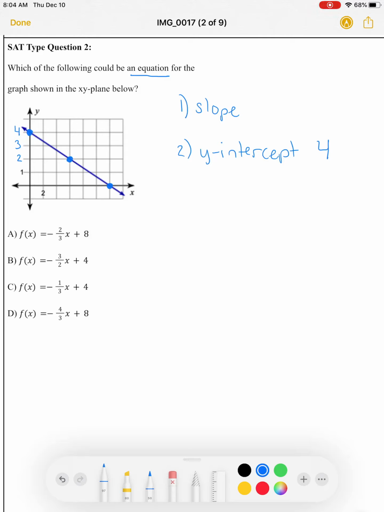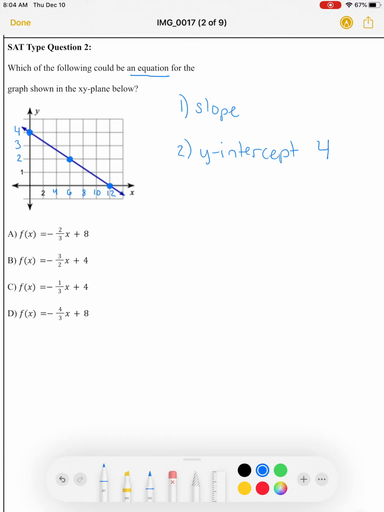To know the run, I have to look at the scale on the x-axis. Notice by the origin, the first number they give us on the x-axis is 2, which means we're counting by twos. So the next line would be 4, then 6, 8, 10, and lastly 12.